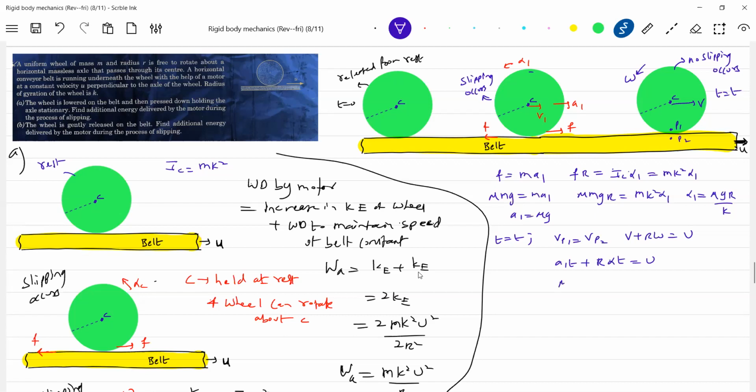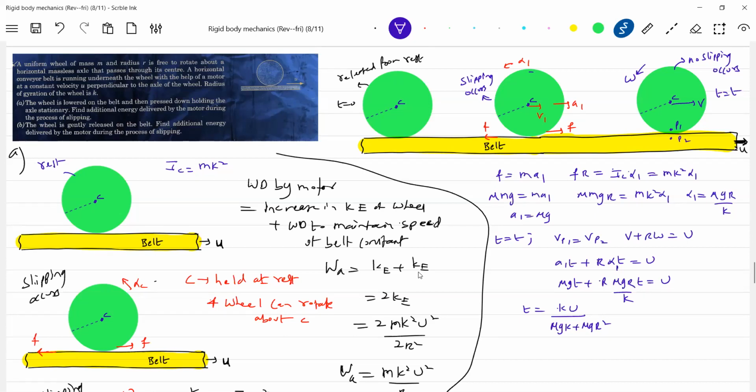So a1 is mu g, and alpha 1 is mu g r by k square. So t is equal to U k square divided by mu g times (k square plus r square). So there's a time at which the slipping ceases and the friction will vanish.